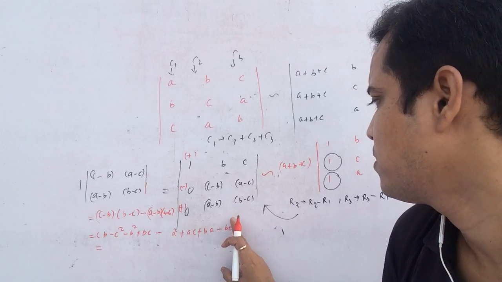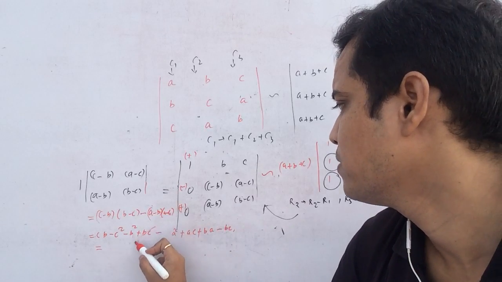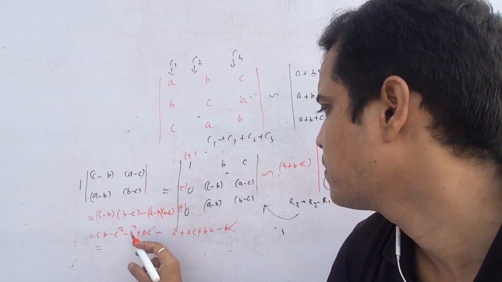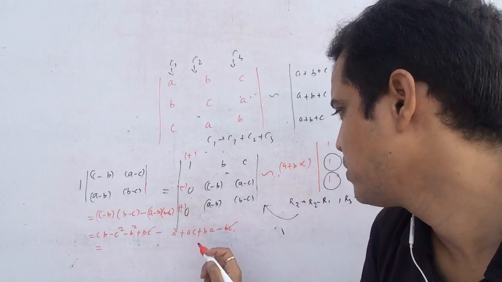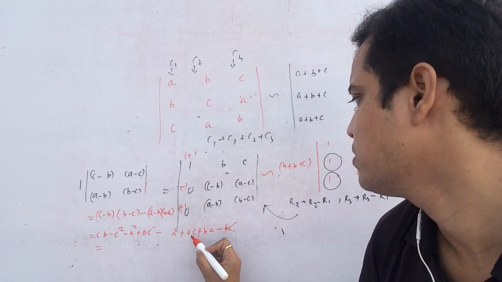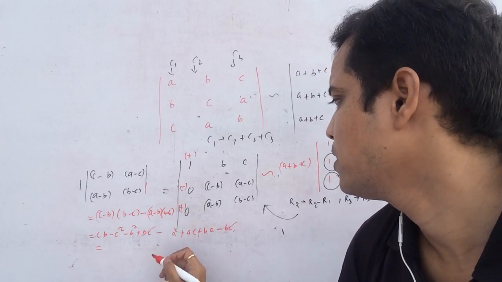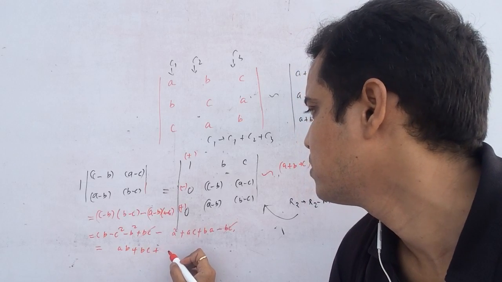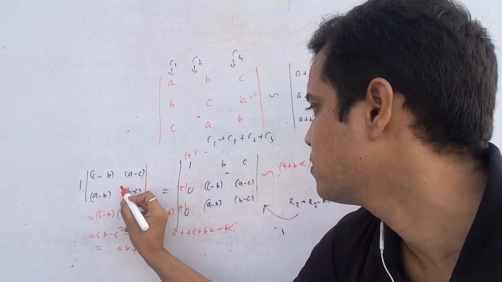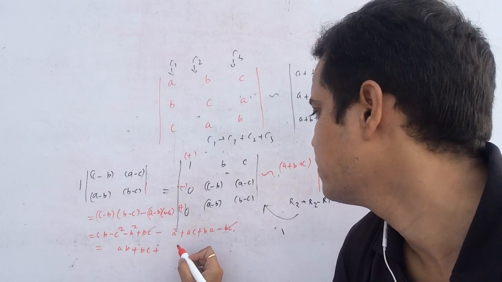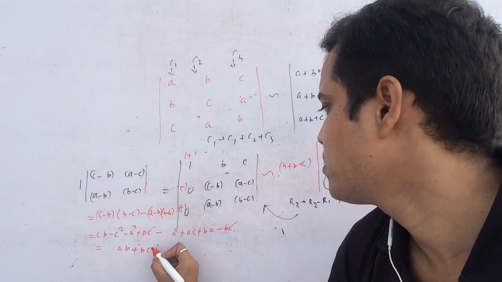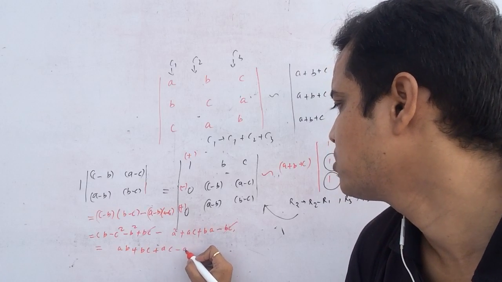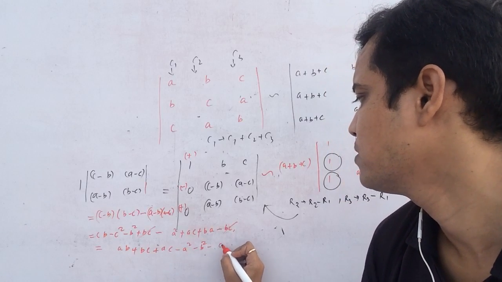Here minus BC and plus BC will be cancelled out. So here you can write AB plus BC plus AC minus A square minus B square minus C square.